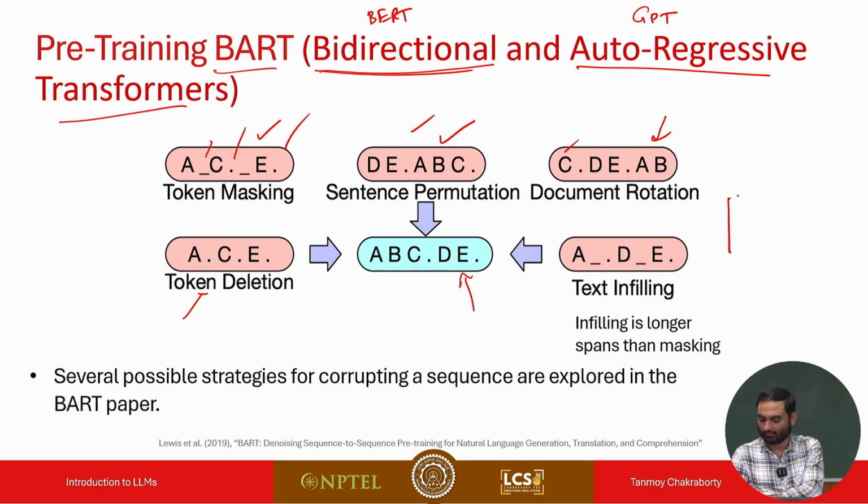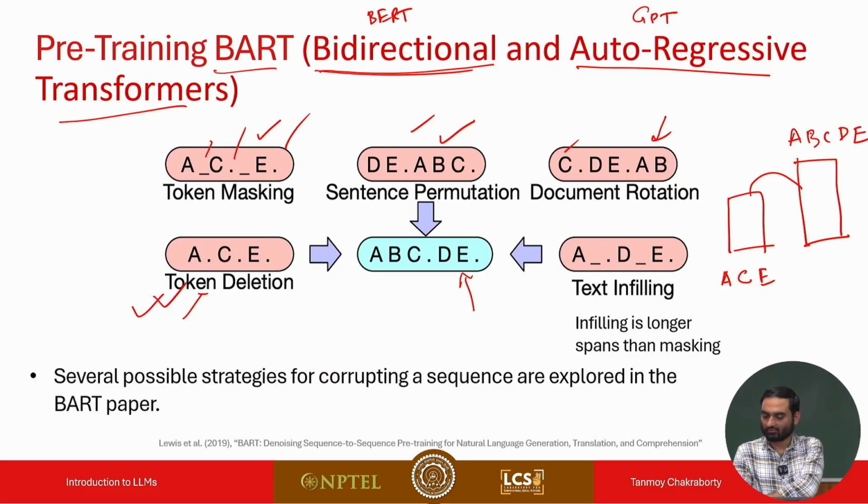So in your encoder, your input is going to be A, C, E for this strategy, and your decoder's output is going to be A, B, C, D, E. It is not that your output will be B and D only, okay? Now this is called token deletion.